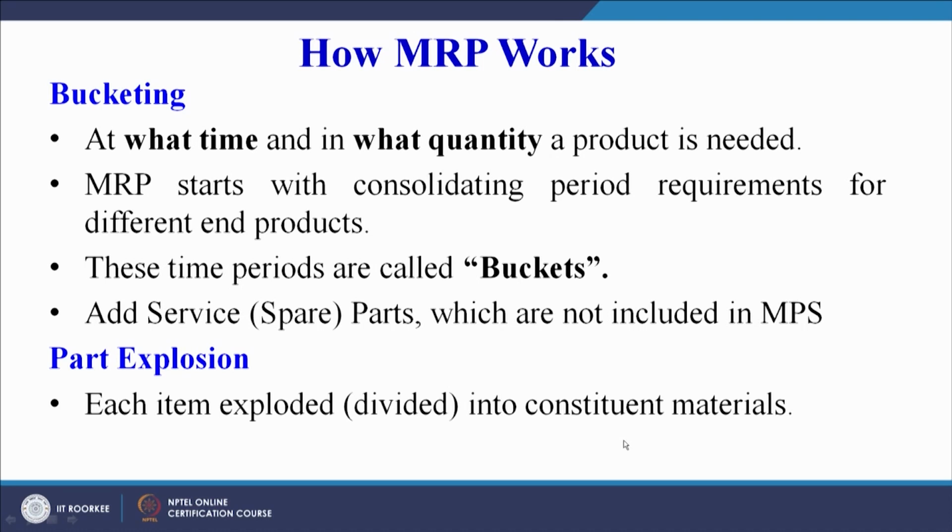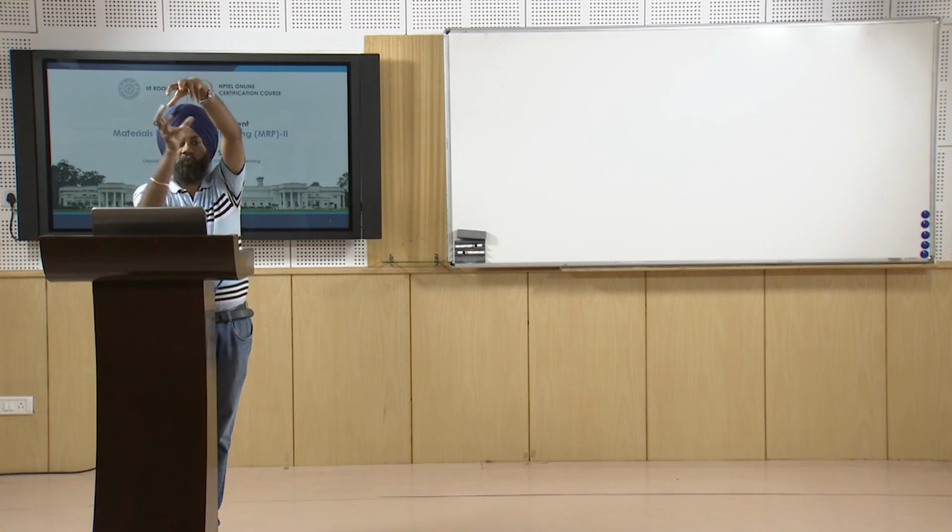If you remember the previous slide, we have seen there is a product A which requires a certain number of parts, B, part C, then part B also further requires other parts. So that is the parts explosion. We must know that in order to make the final product, what are the different types of sub-components and sub-assemblies required.